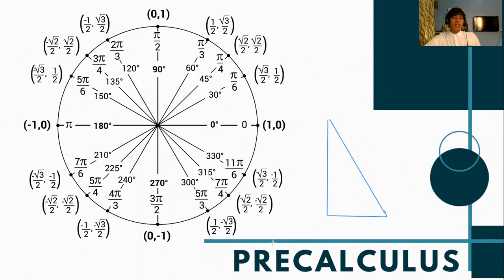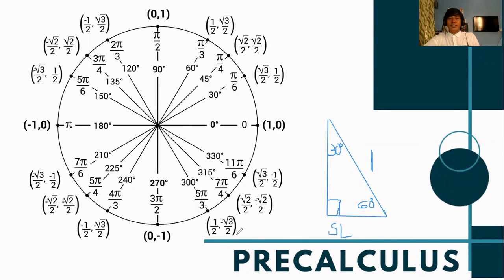In a 30-60-90 triangle, opposite the shorter leg is the 30-degree angle, opposite the longer leg is the 60-degree angle, and this is 90 degrees. Since we are pertaining to a unit circle, the hypotenuse is 1, which is also the radius of the circle. How do we get the shorter leg, SL?